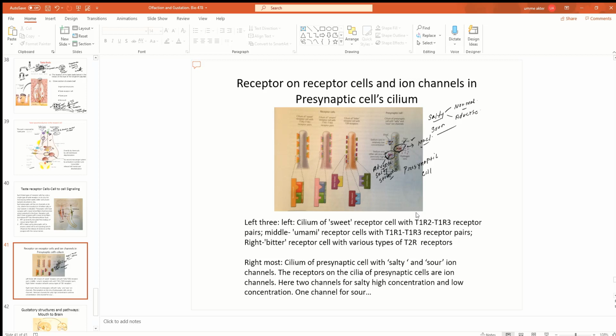Now if you see the other three types of cells, the cilia, one receptor cell cilia has the receptors for sweet. So this is sweet. If you see the structure of a sweet receptor, the sweet receptor has the combination of two compounds. One is called T1R2, another one is T1R3.